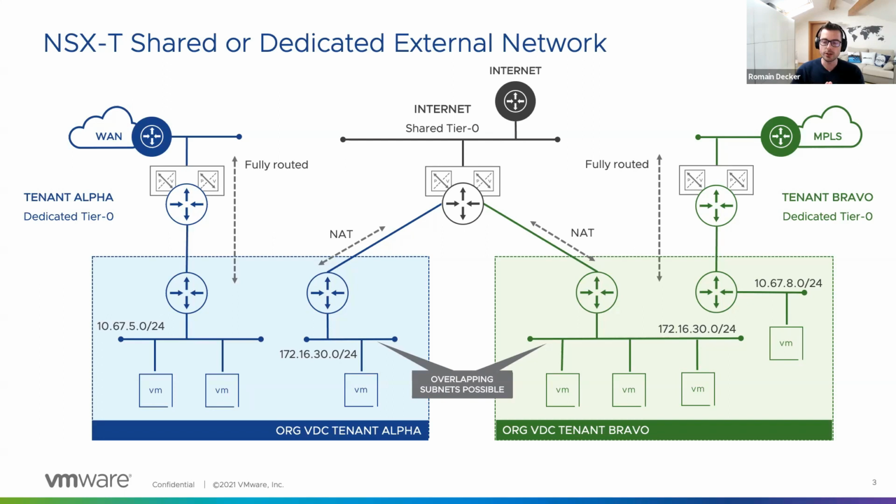You create NSX edge clusters that can have a maximum of 10 edges. When you create a T0, you assign it to a specific edge cluster, and the T0 is created either in active-active or in active-passive.